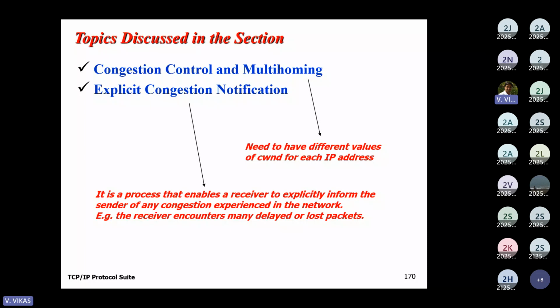We have seen explicit congestion notification messages are sent from receiver to sender side, right? So here, whenever the receiver encounters delayed or lost packets, it can send this explicit congestion notification to the sender.